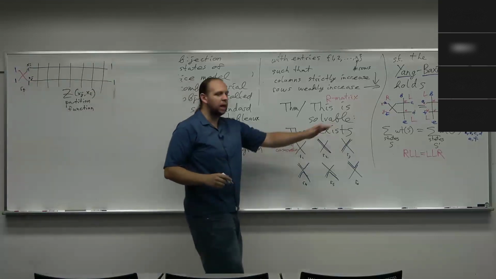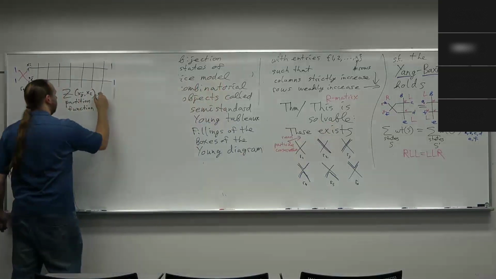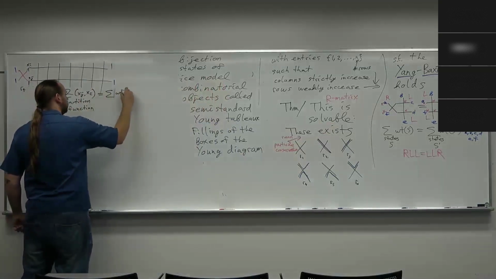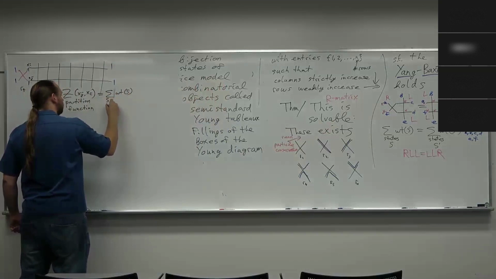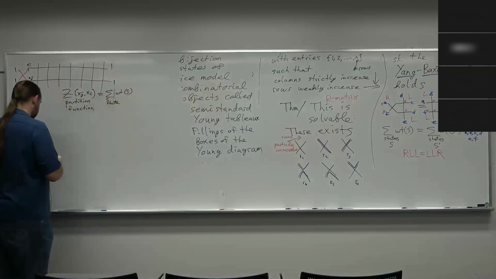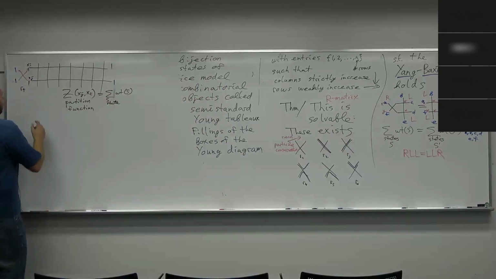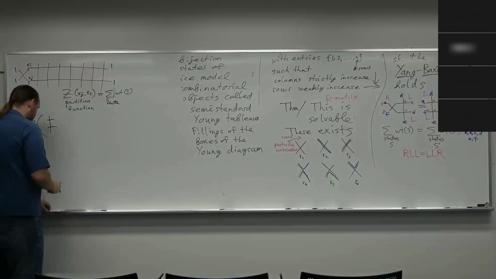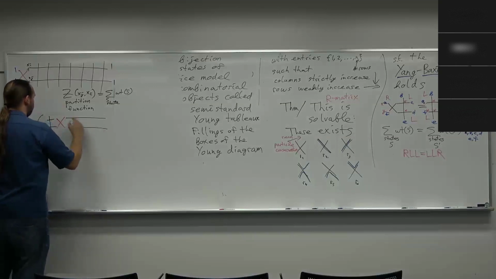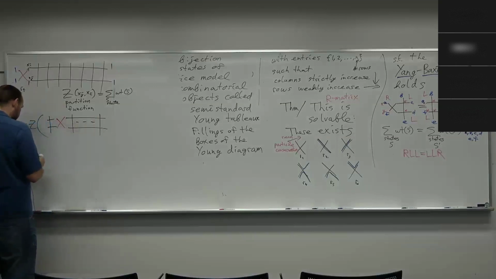That's this sum over the states, the weight of S, a state. So I can use the Yang-Baxter equation to say that the partition function of this model is equal to the partition function of this model.